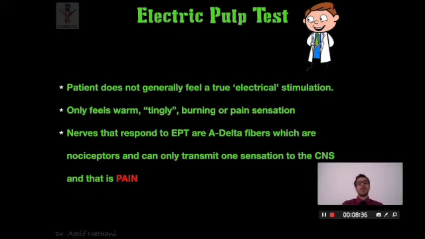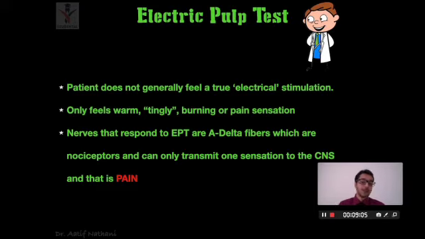Let us begin with the electric pulp test. The electric pulp test doesn't mean that you are trying to pass proper electricity through the body of the patient or through the body of the tooth. No. It is just an electrical stimulation that we need to pass towards the A fibers, towards the pulp, so that we get a warm, tingling, burning sensation, or for that matter, a painful sensation.